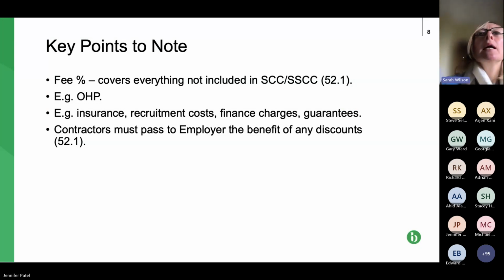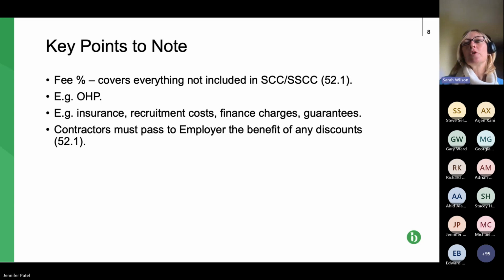Okay, so we're still high level here, so I want to look at the fee percentage. So the fee percentage, and this is clause 52.1, one of the core clauses across all of the Option A to E priced contracts.